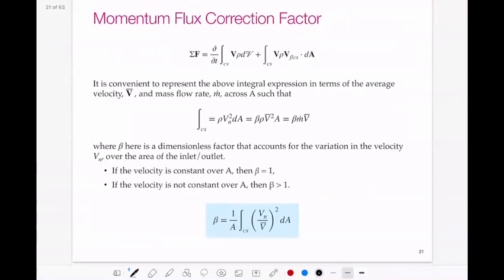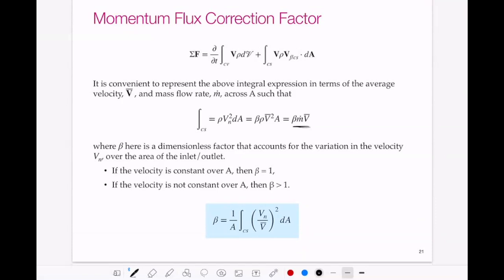So essentially, all we'd have to do for these terms is include a beta dimensionless value, just as this equation right here. When we did our conservation of mass, we had our mass flow rates in minus our mass flow rates out was equal to the integral. Well, now we have our mass flow rates times our velocity in and our mass flow rates times our velocity out.